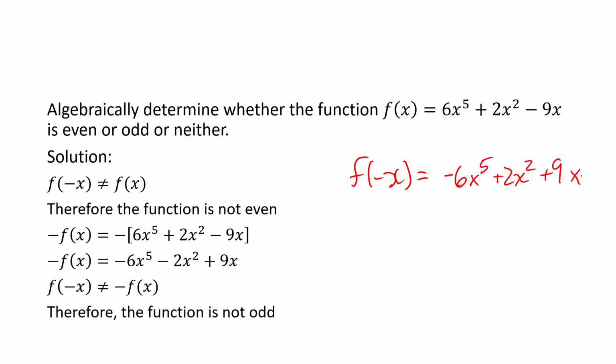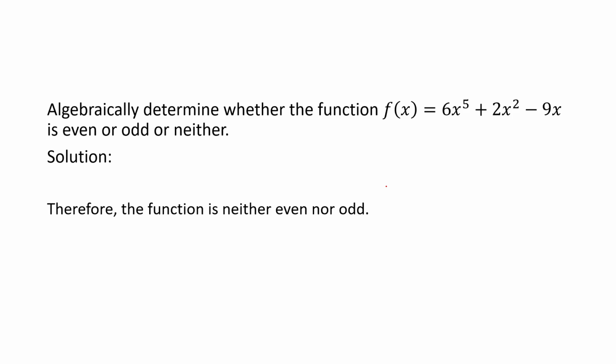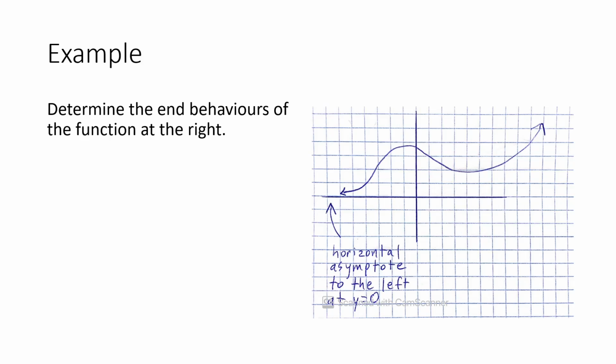We saw that f of negative x was not the same as f of x, so therefore f of x is not even. And then we keep this expression for f of negative x that we've already found, and we're going to compare it to negative f of x now. Well, negative f of x is negative 6x to the 5 minus 2x squared plus 9x. That's not the same as f of negative x, which is in this circle. Since it's not the same, the function's not odd. So it's neither even nor odd.